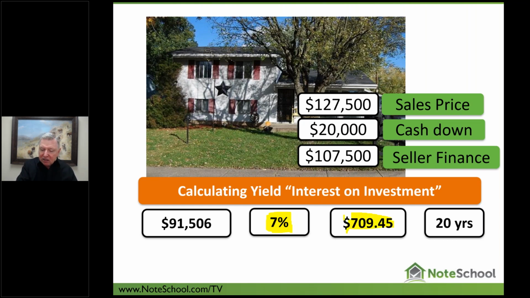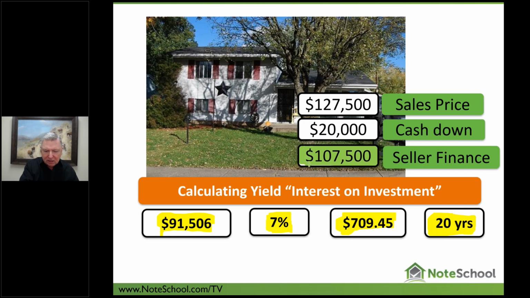I can't change the payment. I can't change the term. So what can I change? I can change what I pay for the note. So I pay this price for the note, when remember, this was the amount of the seller finance note. So this was the amount of the loan, and I invested less than the full amount of the loan.